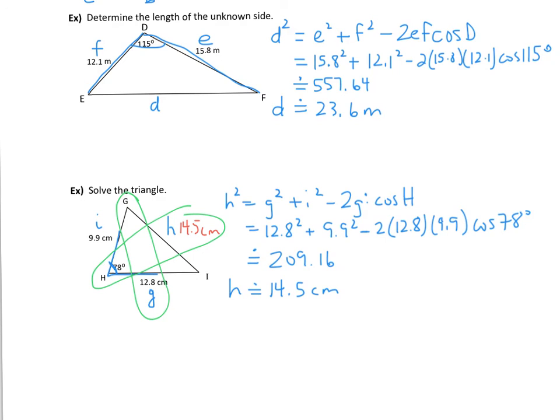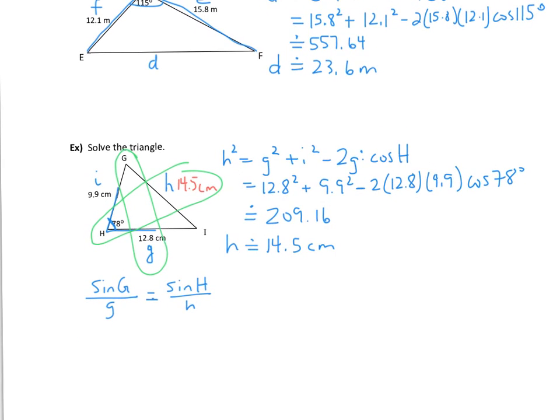So I'm going to put the angle on the top because that's what I want to solve for. The sine of angle G over G is equal to the sine of angle H over H. Put that information in and solve, and then you can use the angles to add up to 180 degrees here to get the remaining angle. Put the video on pause and try it.